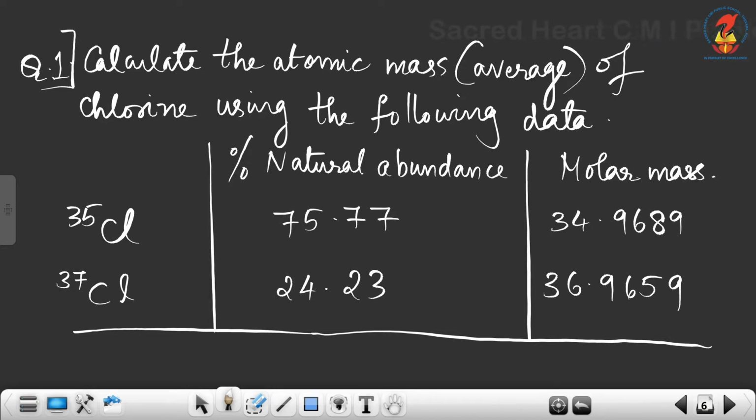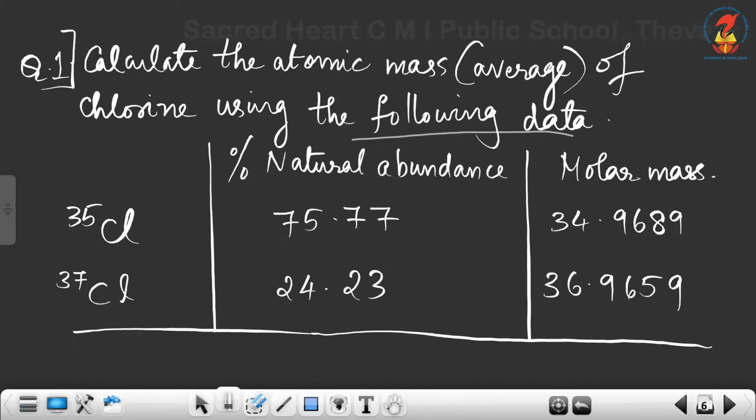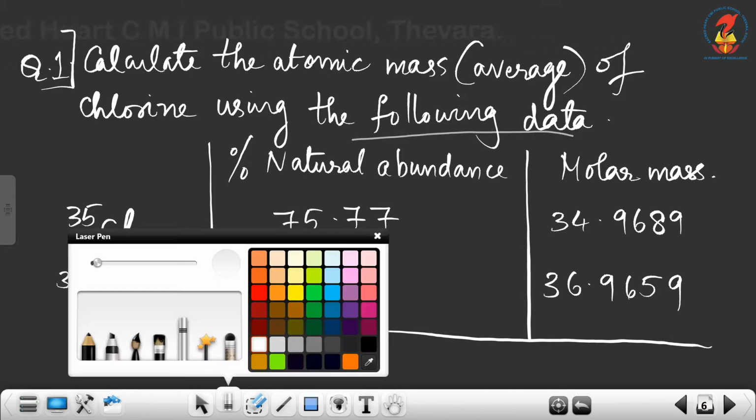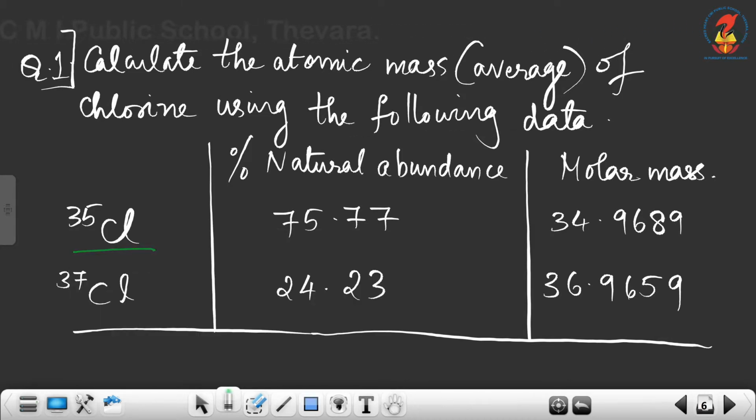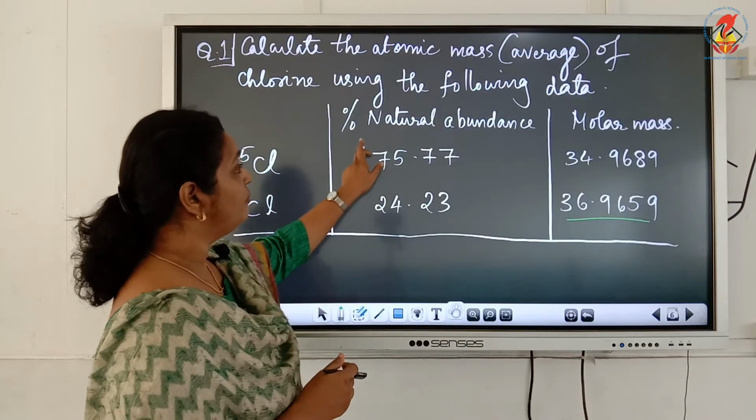Calculate the average atomic mass of chlorine using the following data. In the question, two isotopes of chlorine are given, chlorine-35 and chlorine with mass number 37. The percentage natural abundance of the chlorine isotopes is given: chlorine-35, 75.77, and the other, 24.23. And the molar mass is also given. Now how will you find the average atomic mass of chlorine from this data?